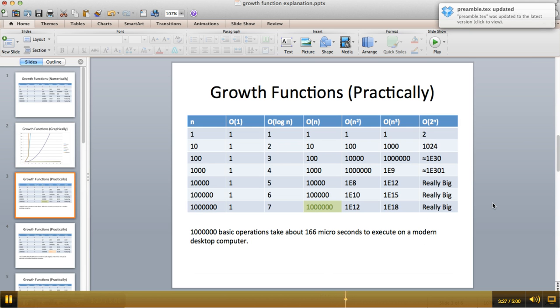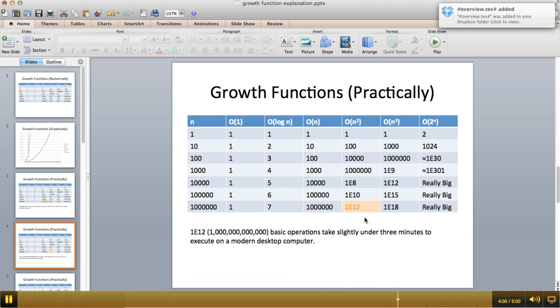So we see these really huge numbers, but then we also think, well, computers are really fast, so maybe these big numbers aren't anything to worry about. And it turns out that a standard modern desktop computer can perform 1,000,000 operations in about 166 microseconds, which is not that long. And by a current desktop computer, I mean a computer with a 3 gigahertz processor that can do 2 operations per cycle, which is fairly common.